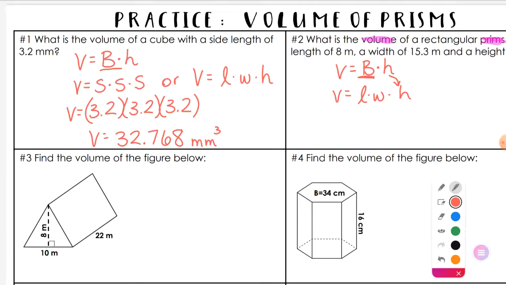Substitute in our numbers. Addie, what is my length? 8. Sophia, what is my width? 15.3. Max, what is my height? 6.5. And again, why am I using parentheses for multiplication, Reese?